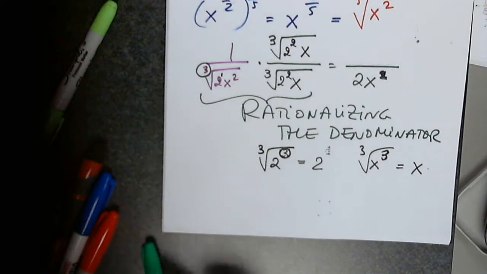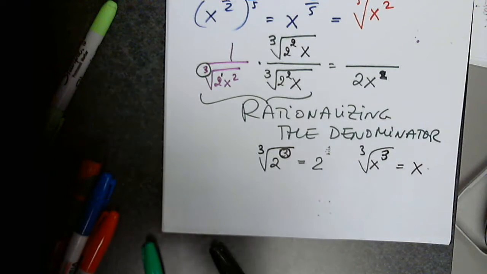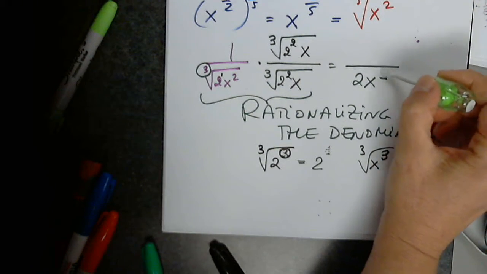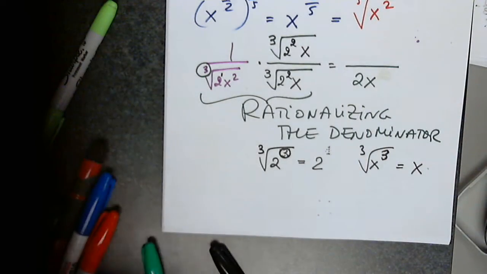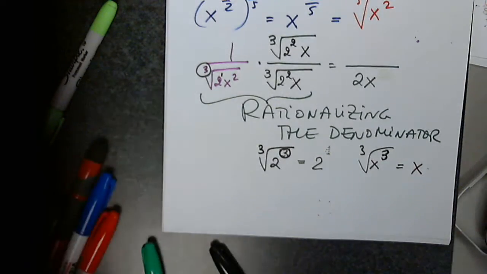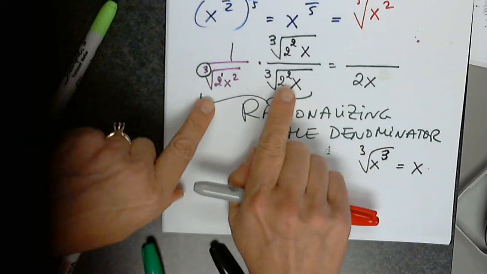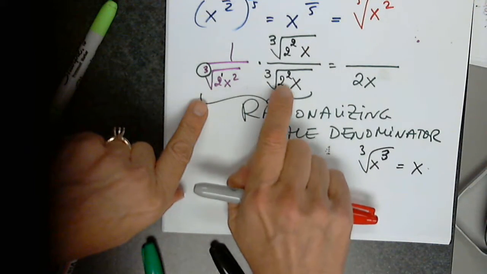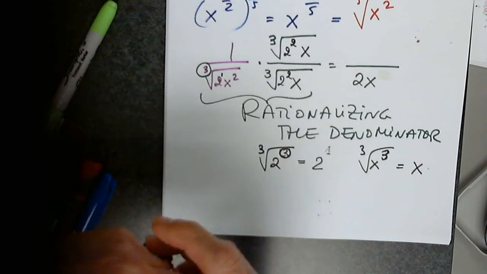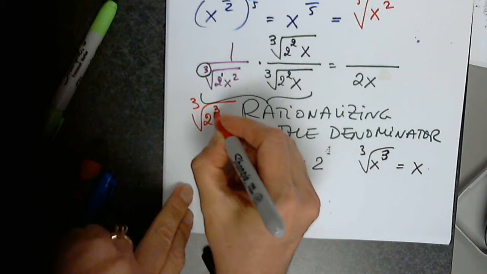Now, I hope you agree that when we multiply the denominators, that's what I care about right now. When I multiply the denominators, if I go too far, then I will just have to simplify. And I will still get the same thing at the end. So I hope it's clear that when I multiply these two, I have the cube root of 2 times the cube root of 2 squared, which will be the cube root of 2 to the third.